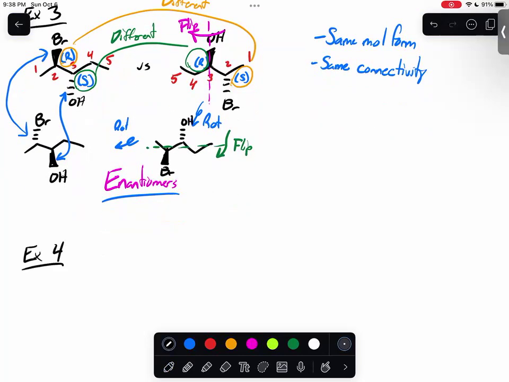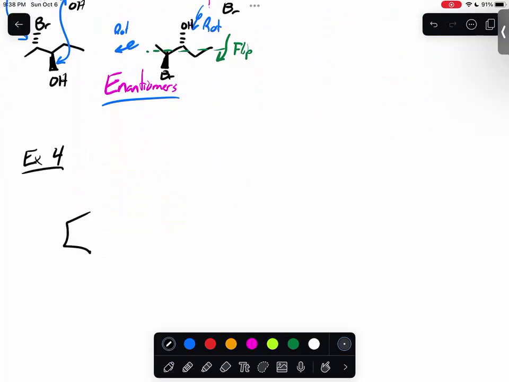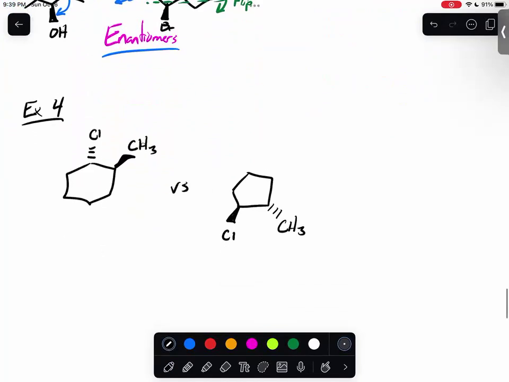So for this one, we are going to have the structure right here versus this structure right here. Okay, so looking at these, they look pretty similar, right?